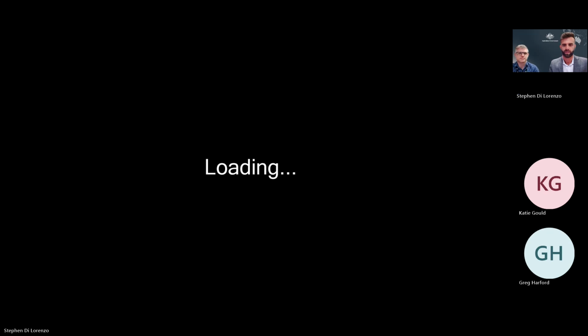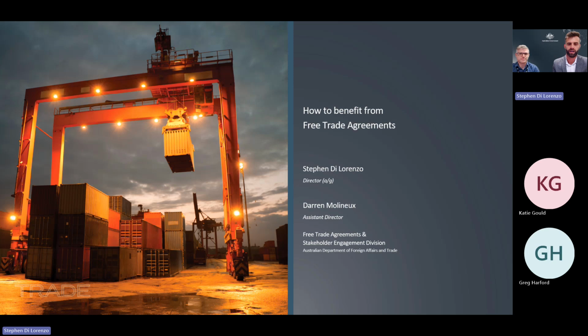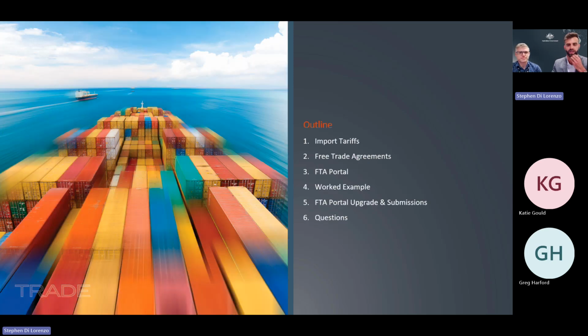Excellent. So as Greg said, I'm Stephen, and this is my colleague Darren. We both work in free trade agreements and stakeholder engagement at DFAT. And this is our 101 on free trade agreements and how businesses can use and gain the benefits of free trade agreements to their advantage. So today, we're just going to outline what we mean by tariffs and import duties.